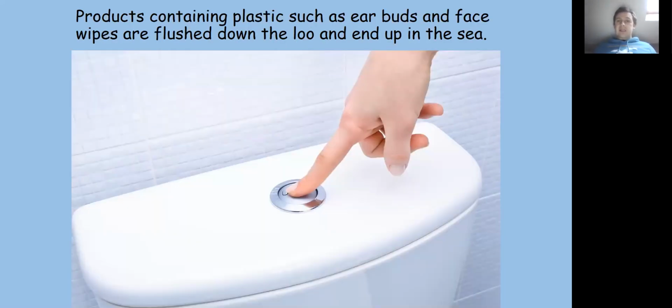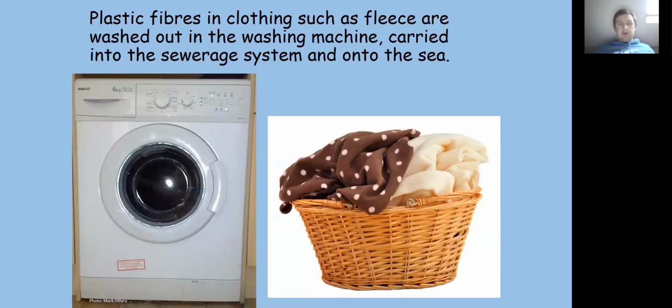But products containing plastic, such as earbuds, and face wipes, if you flush them down the loo, they end up in the sea as well. Anything that goes down your loo or your sink will in the end end up in the ocean. Yes, it will go through treatment works, but some of the plastic doesn't get filtered out.